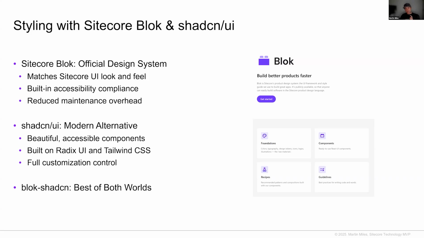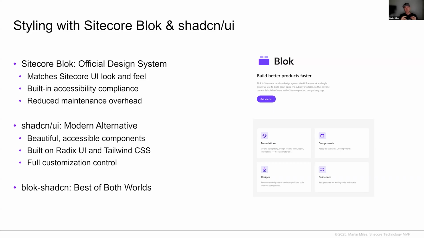Now here is where it gets interesting. The Blok Shadcn registry that I mentioned a few times provides components that bridge these two worlds. You can use Blok for the core Sitecore-specific components, and you can use Shadcn UI for more general UI elements. These give you the best of both worlds: consistency with Sitecore design language and the flexibility of a modern component library.